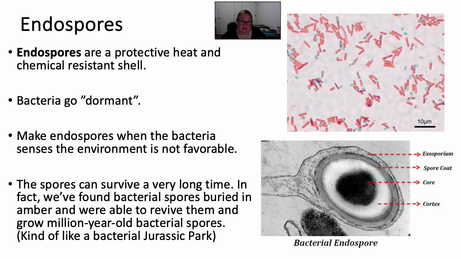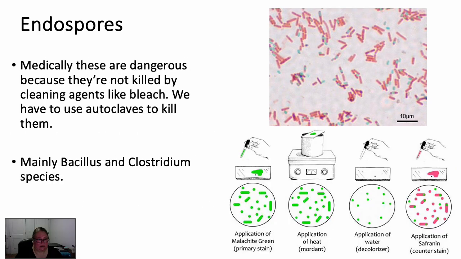Chemicals, bleach, all that can't get rid of them either. In fact, there's only one way to get rid of bacteria that make endospores, and that is to use an autoclave, so use both pressure and heat to kill them. We have to fully sterilize the things that they could possibly be on.